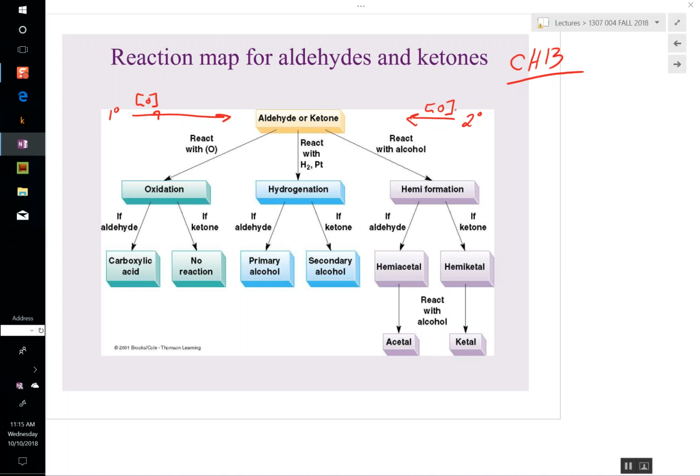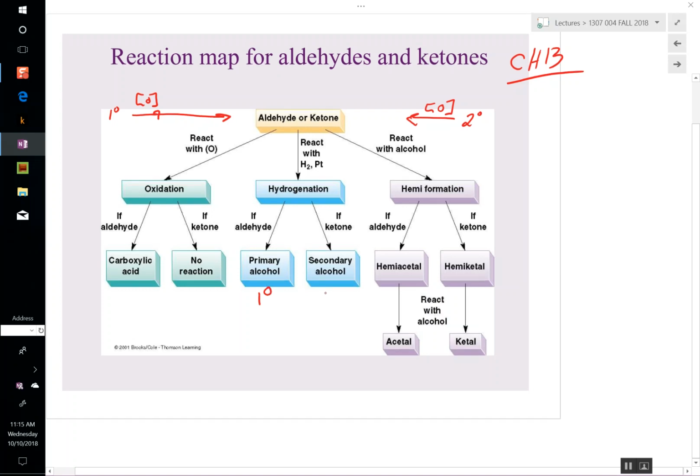And then below that is showing you the way aldehydes and ketones react. An aldehyde will oxidize to a carboxylic acid. A ketone does not oxidize any further. It's done. Does not oxidize. Hydrogenation of an aldehyde gets you a primary alcohol.